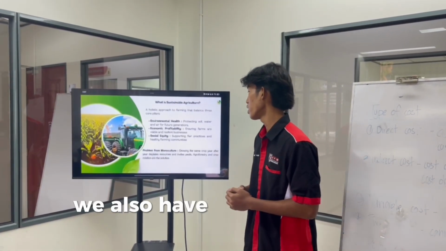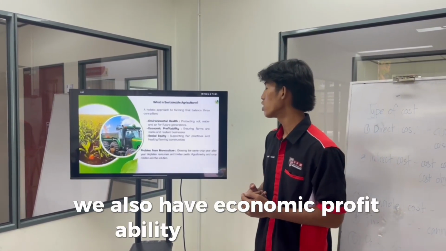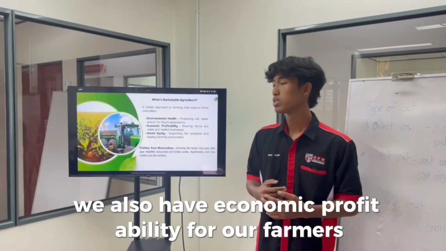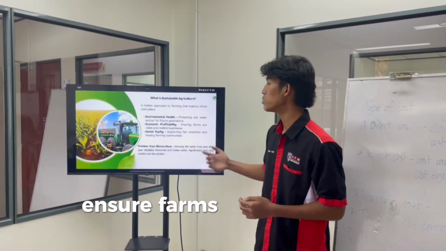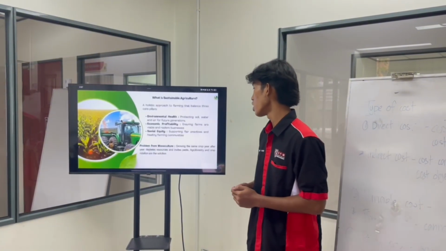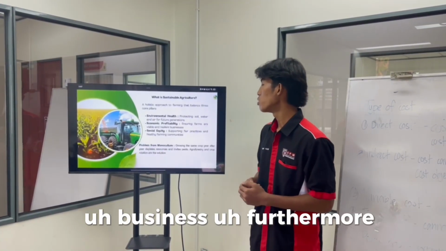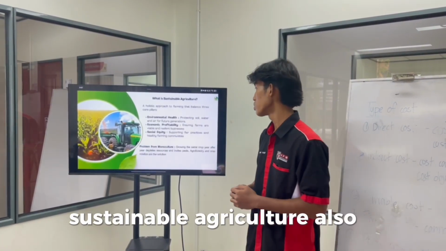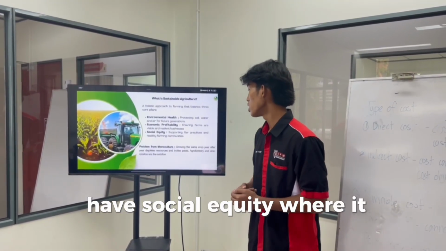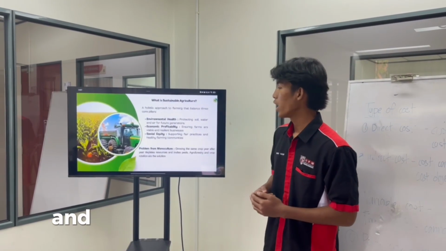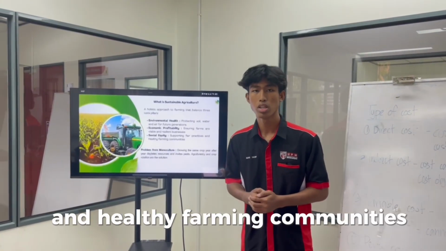Besides that, we also have economic profitability for our farmers, which ensures farms are viable and resilient businesses. Furthermore, sustainable agriculture also has social equity, where it supports fair practices and healthy farming communities.